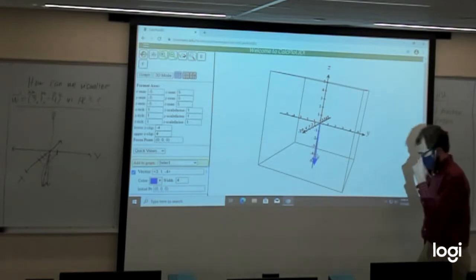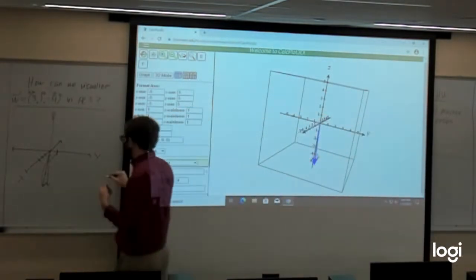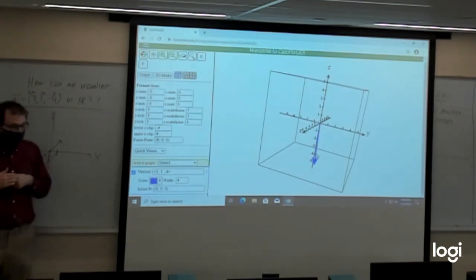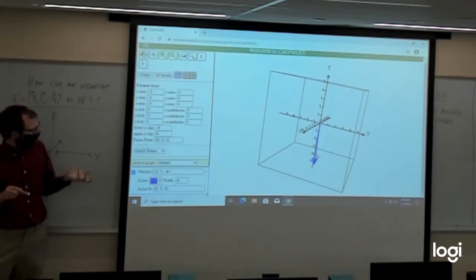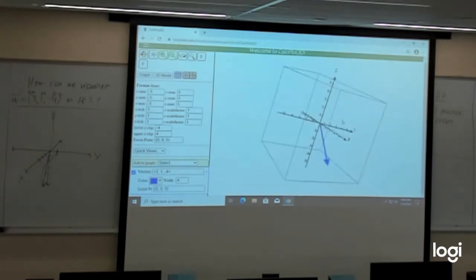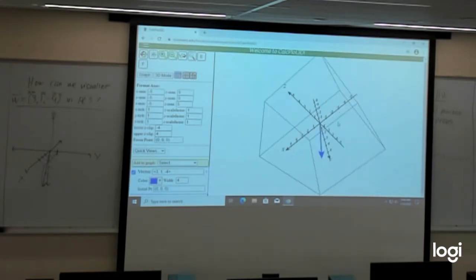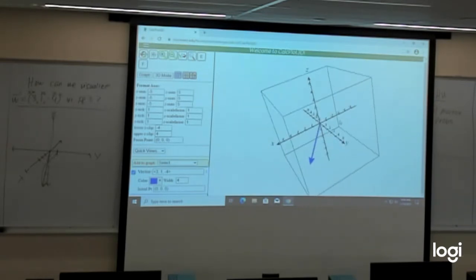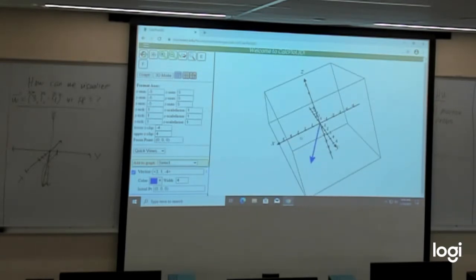Without labeling or drawing these little dotted lines, it's often going to be unclear where exactly your arrow's pointing, unless you have something you can rotate and see, oh, I see, it's pointing in the x direction to positive 3-ish.